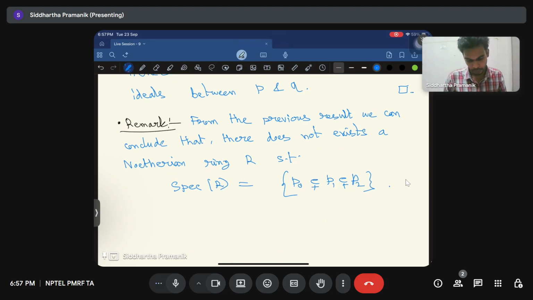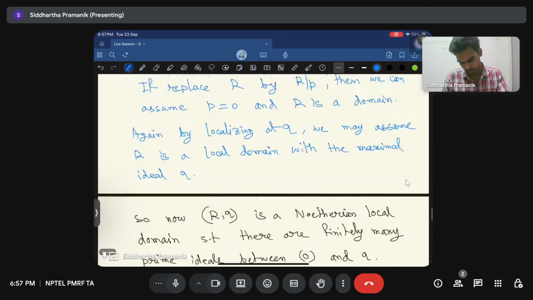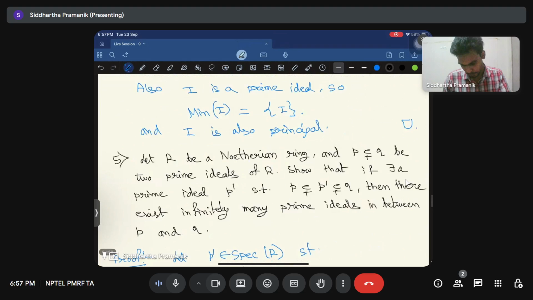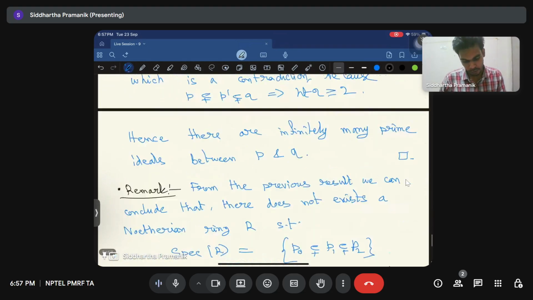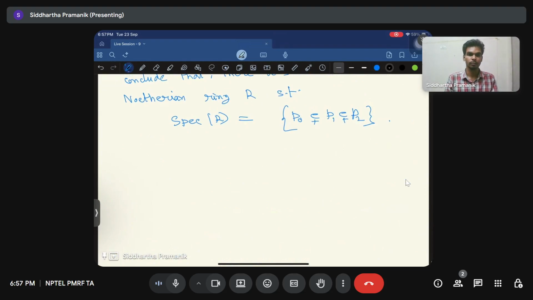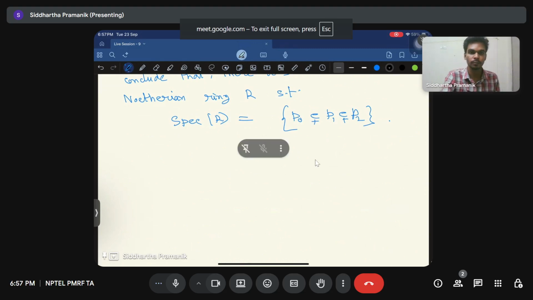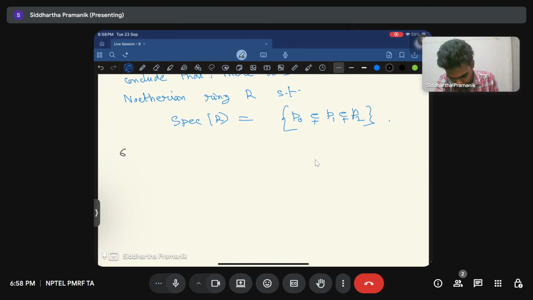Okay, so let's see some more application of this result. So it is problem number 5. So the next is problem number 6. So problem number 6.